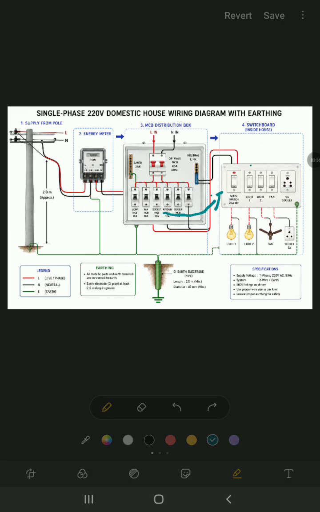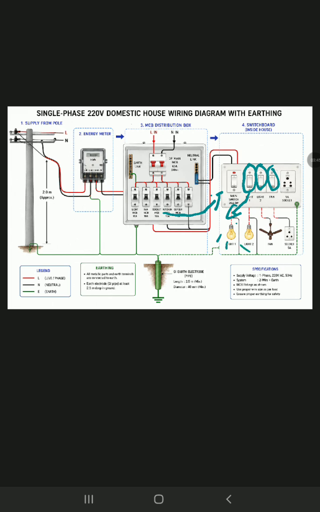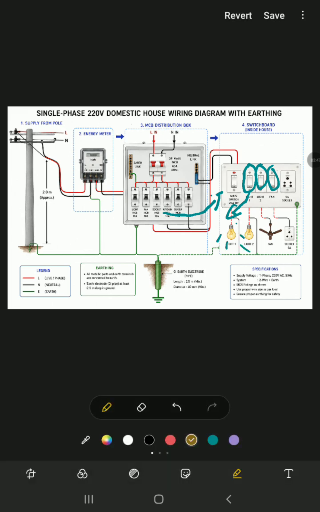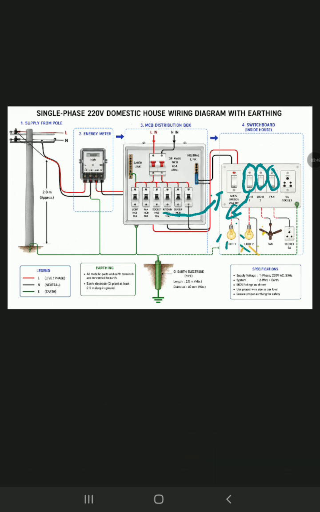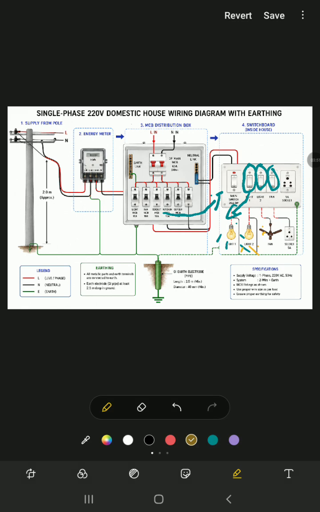So here for example this is a switch, another switch, and this is another switch. This one is for the light, so if we turn this on, the light will glow. Similarly this one also, the light will glow. And here a fan. We know that a fan contains a regulator, so no issue, a regulator can also be kept. The regulator just adjusts the voltage based on the speed of the fan.